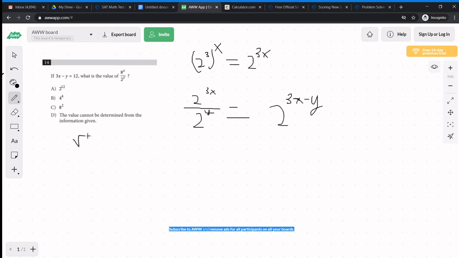I think of it as different levels. You know, like square roots and exponents, right? This is a tier, the top tier. Then you have the middle tier, which is multiplying and division.